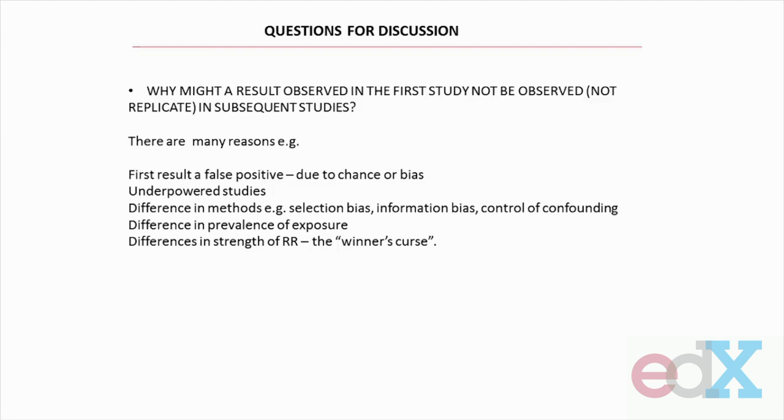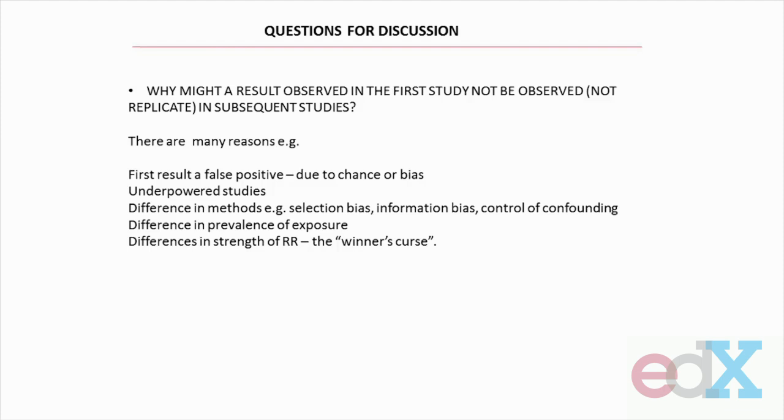The usual thing we get into discussing when we have a mix of positive and negative studies is, well, to what extent those different findings could be due to some form of selection bias, information bias, or the way confounding was controlled in both the positive and negative studies. Maybe the positive results are due to some form of bias giving you the positive result.